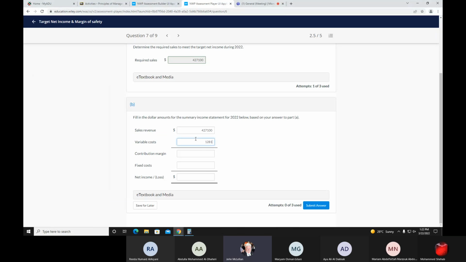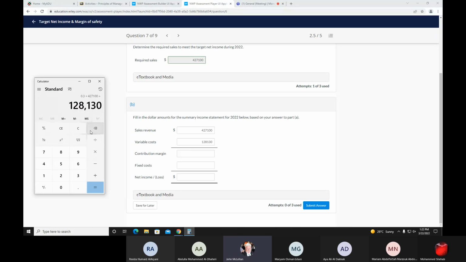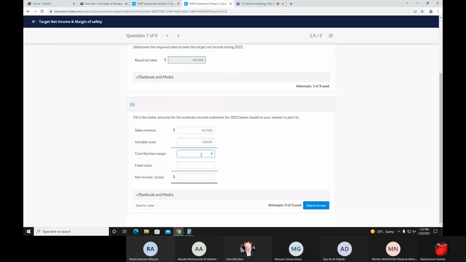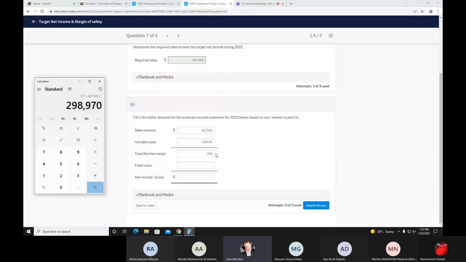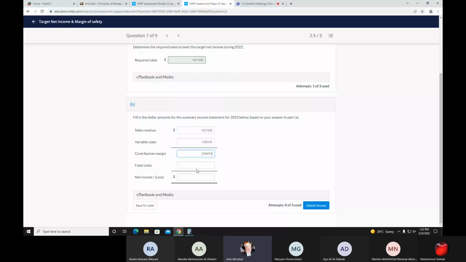You can subtract those two, or you can take the contribution margin ratio of 70 and take it as a percentage of sales. All right. And subtract your fixed. Your fixed has remained the same.